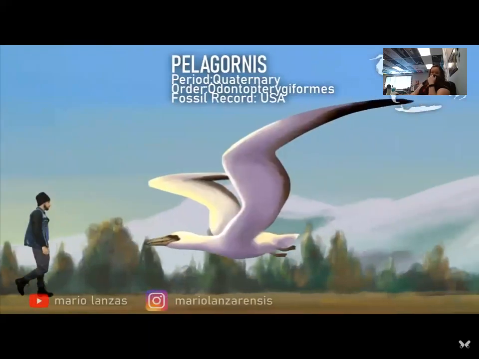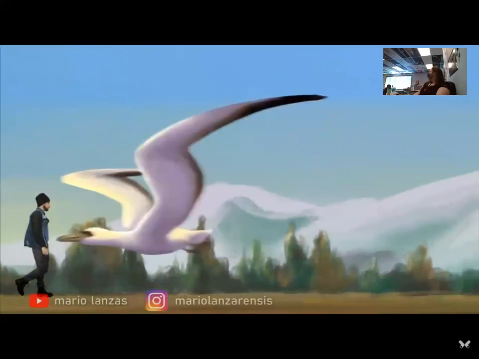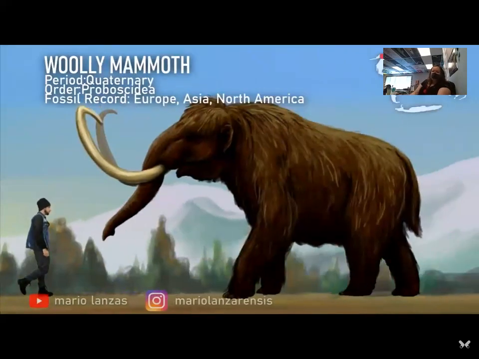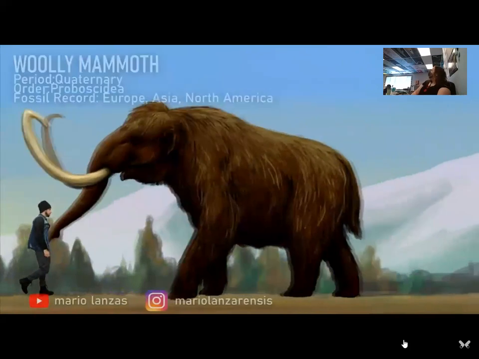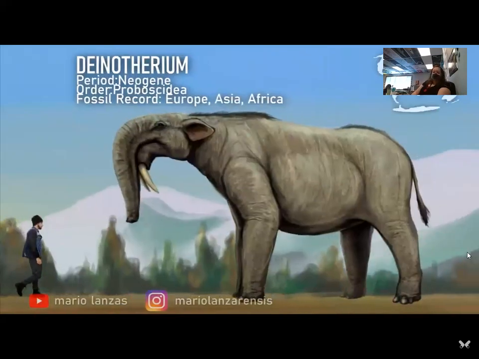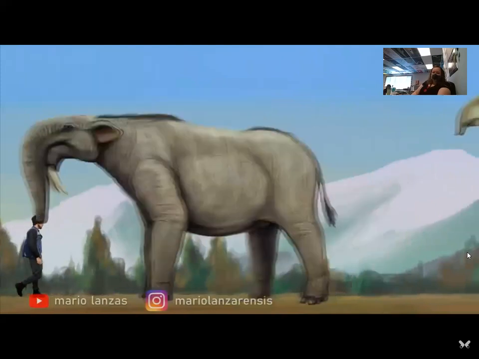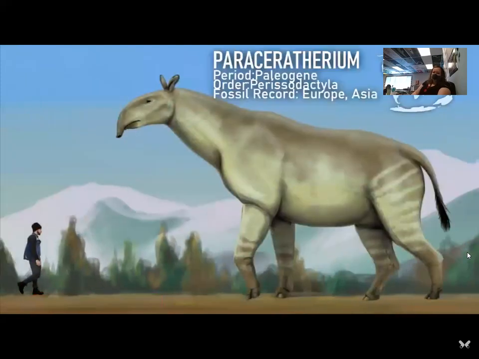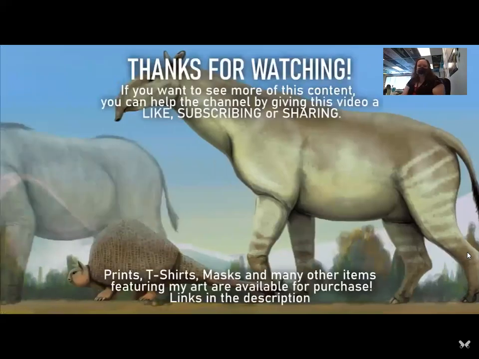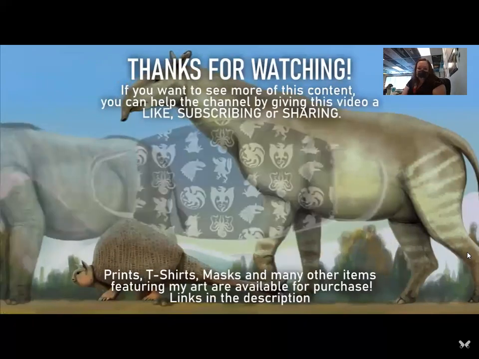That's a bird. Look at how big its wings are compared to the human. Okay, woolly mammoth is huge. Go back, birds.